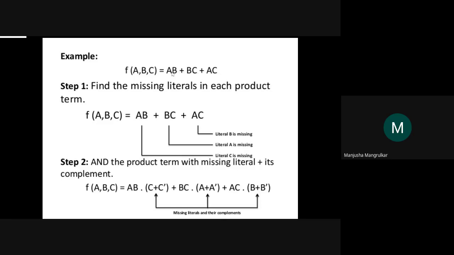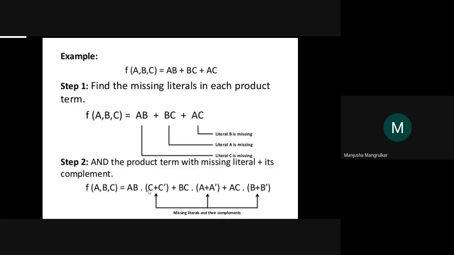First we see that in AB there is no C, in BC there is no A, and in AC there is no B. So first we have to add the literal terms. C is missing in this term, A is missing in this term, B is missing. And C times C complement is equal to 1, right?